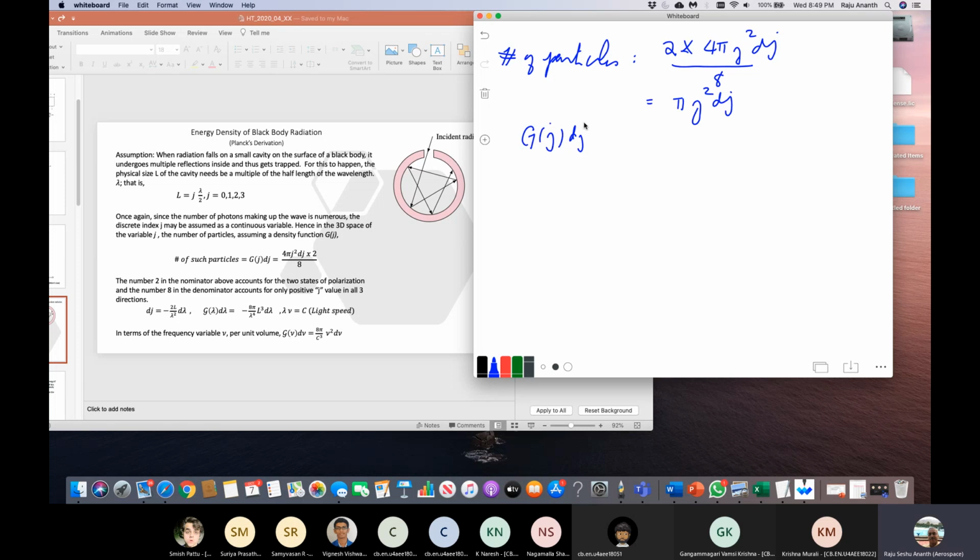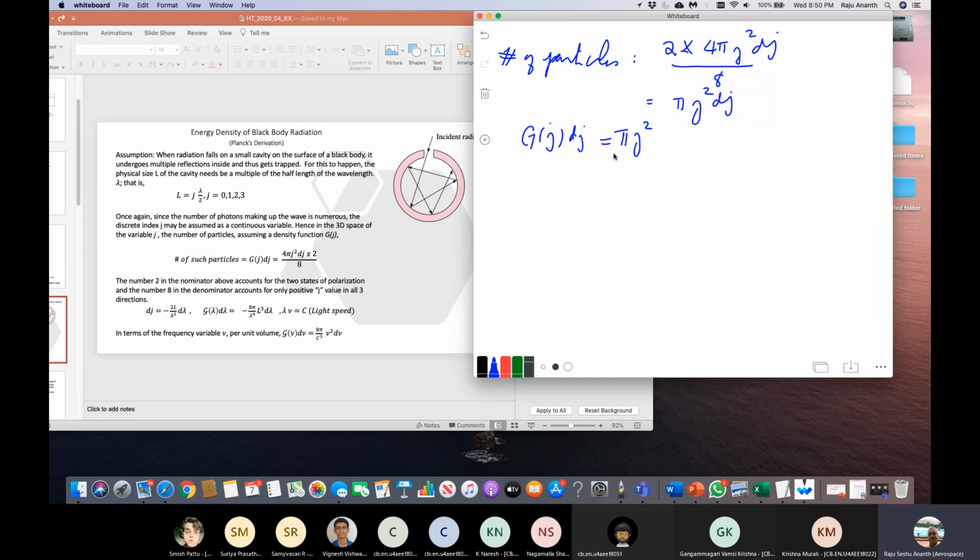I don't know exactly what he is doing, but that I already got. So the distribution is like pi j square, which will be my distribution number. Out of all the things, this is my distribution number.